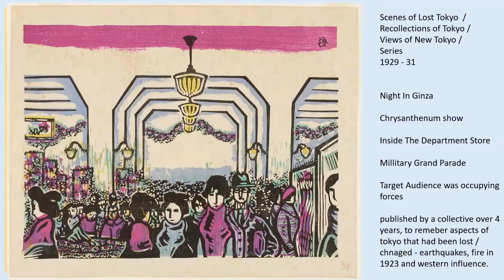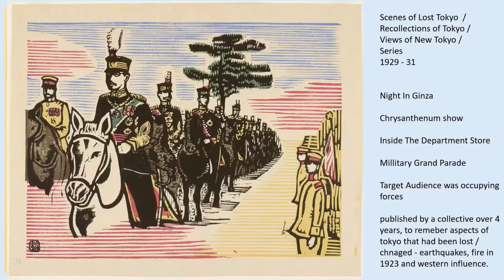And then we've also got grand military parade. So you've got this show of military force here. And again, I love this liney background. I think that's really, really effective. That's lovely, and it really focuses your attention on the key details where he's put them.